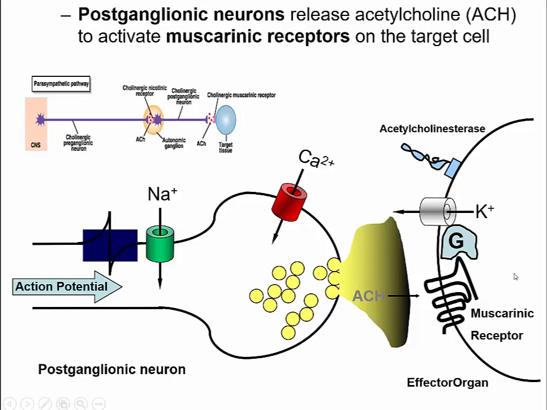Now, as you get better and better at naming these receptors, so that you know that muscarinic acetylcholine receptors and nicotinic acetylcholine receptors both bind to acetylcholine, then you can start leaving off the acetylcholine. You just refer to them as muscarinic receptors or nicotinic receptors. These muscarinic receptors that you find on the target tissue, this particular one right here that crosses the membrane 7 times, remember, that 7 transmembrane receptor, is a G protein coupled receptor. And the acetylcholine is broken down by acetylcholine esterase.